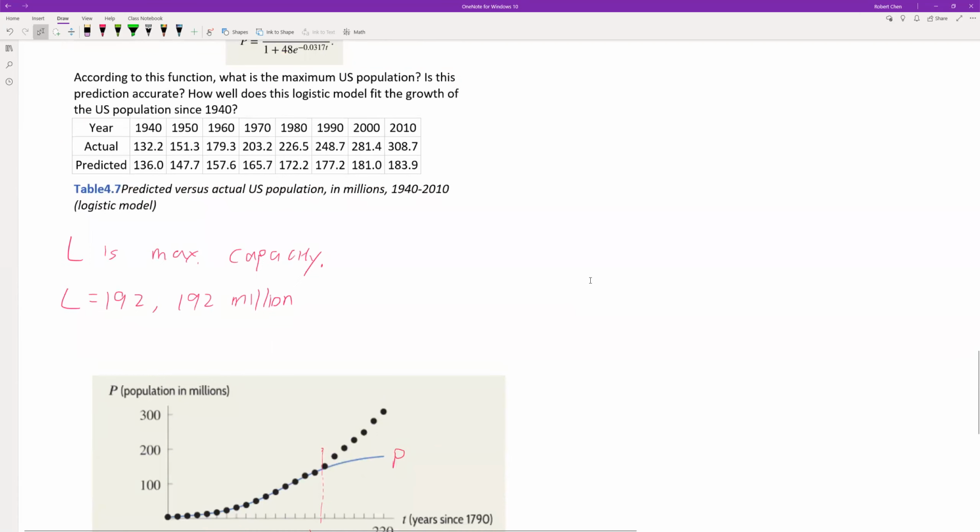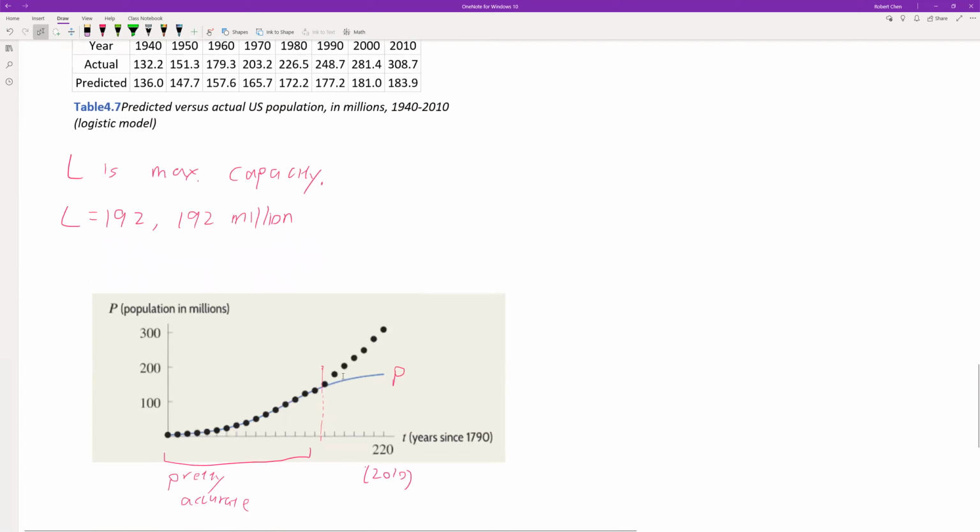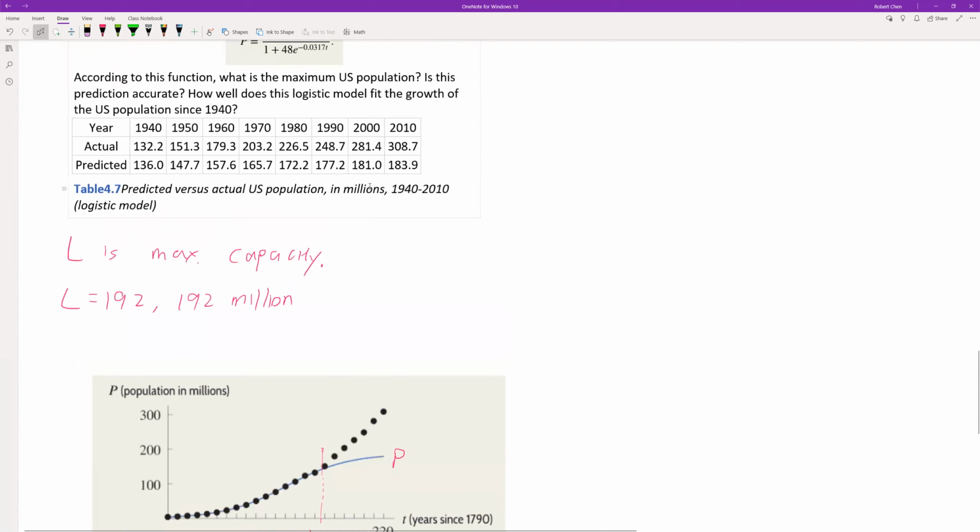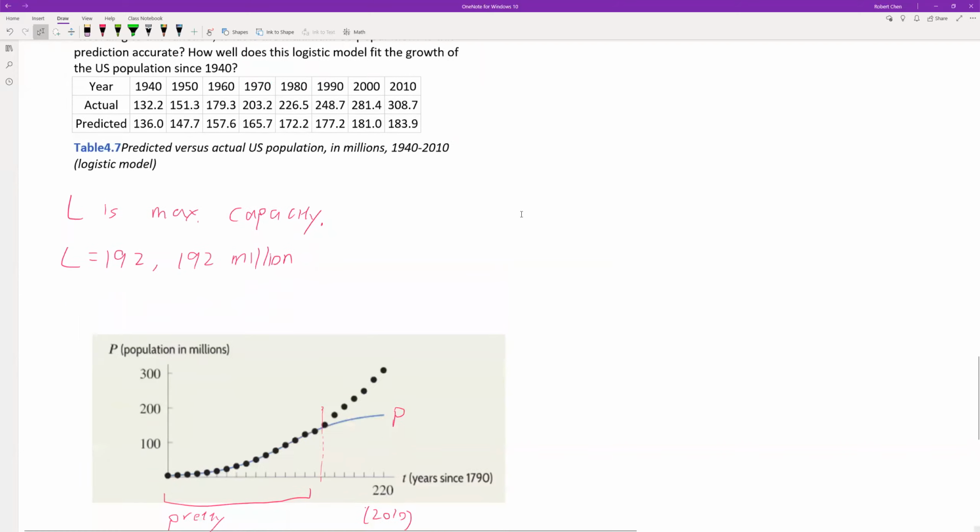So let's answer the question: is this prediction accurate? Well, it wouldn't be accurate towards the end, but it's pretty accurate in the beginning, the first few hundred years. How well does this logistic model fit the growth of U.S. population in the year 1940?